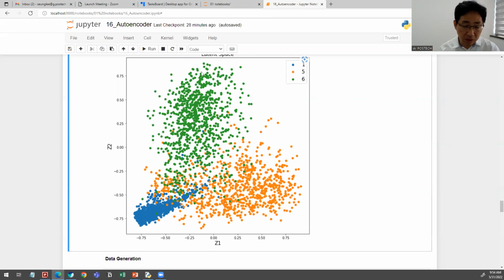Number 6 is grouped together. Over there are 5 and 1. Of course, there are some overlaps. That means we have to increase the number of latent dimensions, probably 3, 4, 5, 6, things like that.